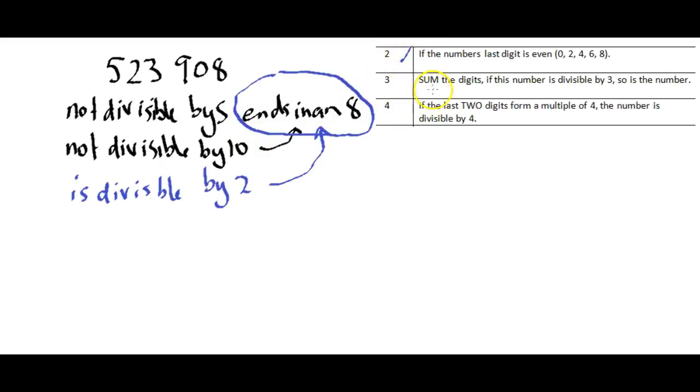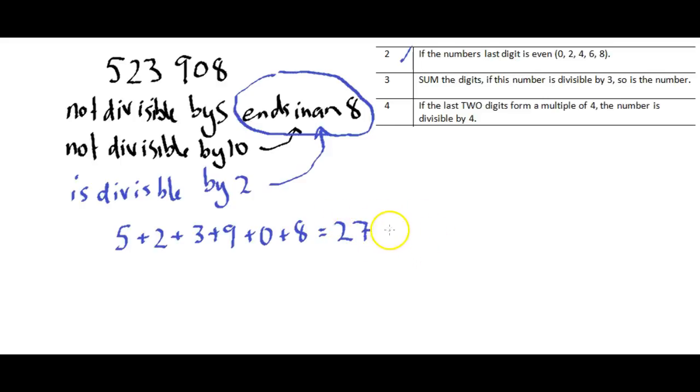What about 3? This time I have to sum the digits. If this number is divisible by 3, so is the number. Well, let's see how this works. My number has a 5, plus a 2, plus a 3, plus a 9, plus a 0, plus an 8. 8 and 2 is 10, and 9 is 19, 22, equals 27.